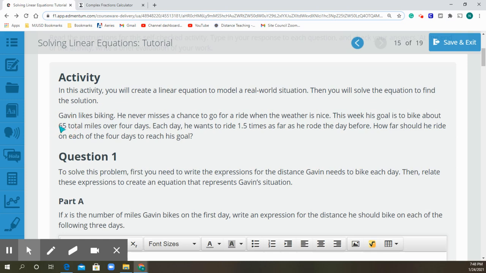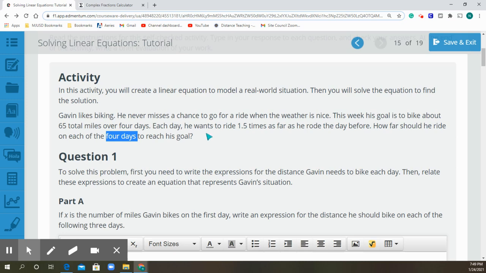Remember in health class about setting realistic goals and being flexible? Each day he wants to ride 1.5 times as far as he rode the day before. How far should he ride on each of the 4 days to reach his goal?